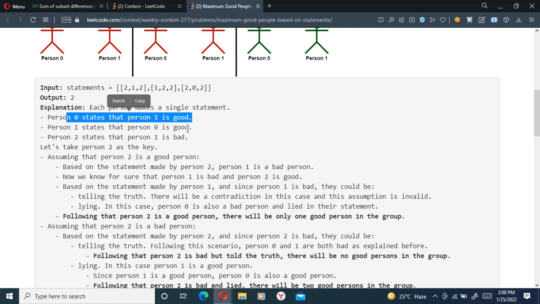I need to figure out if they are telling me a lie or a truth here, right? So I'm assuming it to be that way.